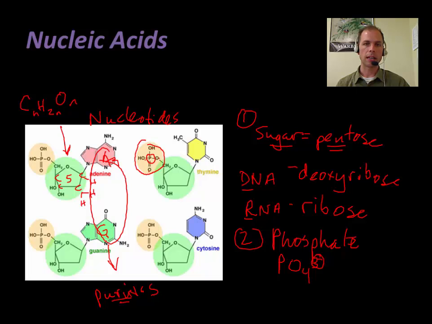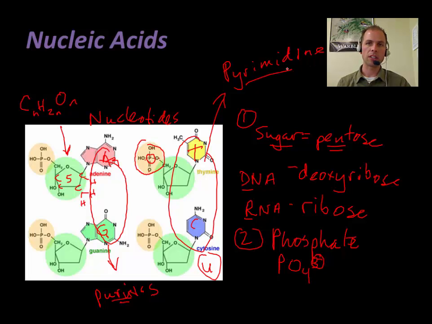Purines, or nucleotides that are characterized by having a 2-ringed nitrogenous base, that being adenine and guanine. The other nucleotides that you can see here, that would be thymine, cytosine, or even uracil, which is another base added in RNA. These are all considered to be nucleotides that we refer to as pyrimidines.